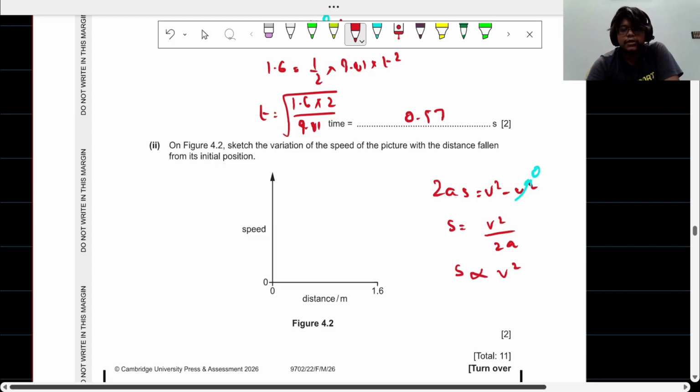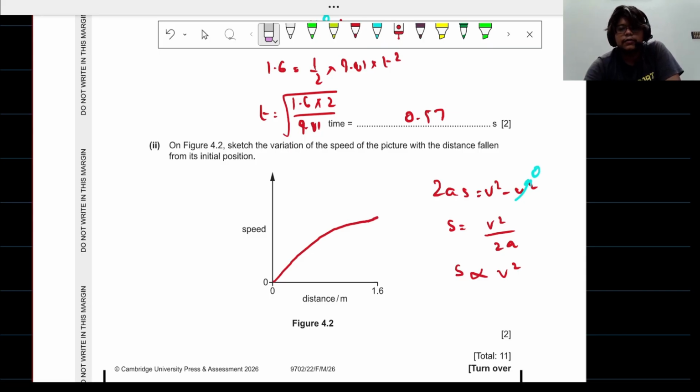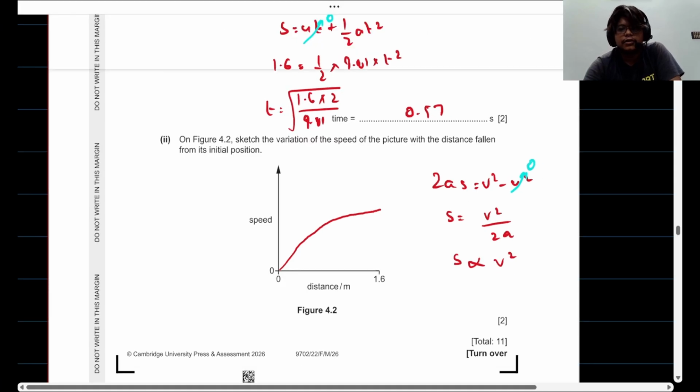So it would be like this, and because it is coming to the 0 point, it would be something like this. It would be a curved line with a decreasing gradient, right? Your gradient would be decreasing. So this would be it.